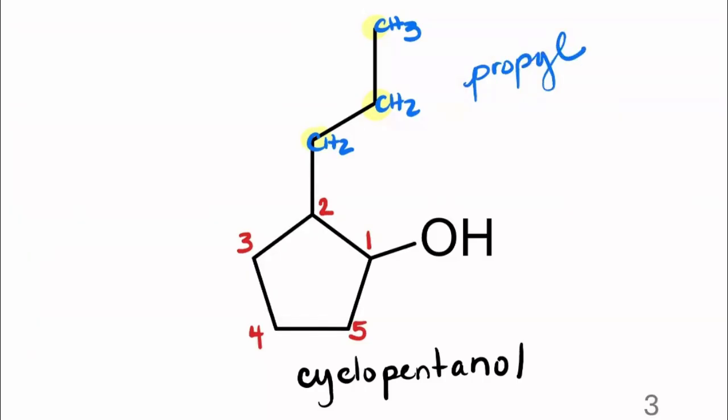And this propyl group is coming off carbon number 2 in the ring system. So in the cyclopentanol, which is our root and our ending, I'm going to write that at position 2, it has a propyl group. So the correct name for this compound is 2-propyl cyclopentanol.